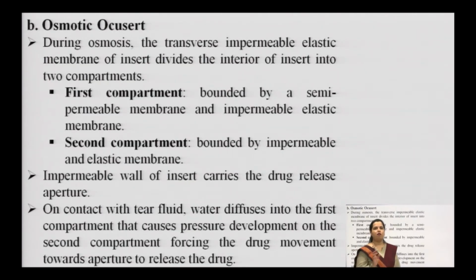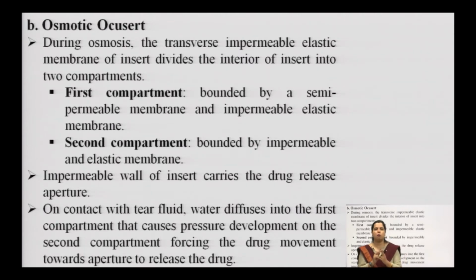The first compartment is bounded by a semipermeable membrane and the impermeable elastic membrane, and the second part is bounded by the impermeable and elastic membrane. The impermeable wall of the insert carries the drug release aperture, whereas on contact with tear fluid, water diffuses into the first compartment, as the inner compartment of the insert is subdivided into two parts.